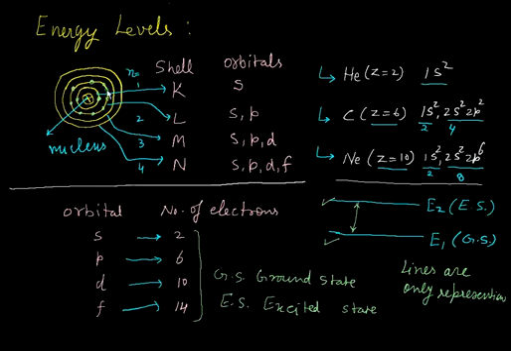So here these 2 electrons in the K cell have lower energy as compared to the L cell electrons. So if I have to draw the K cell and L cell on the scale of energy, I will use these. The first one is for the K cell and the second one for the L cell. So the energy of the K cell is lower as compared to the L cell, right?